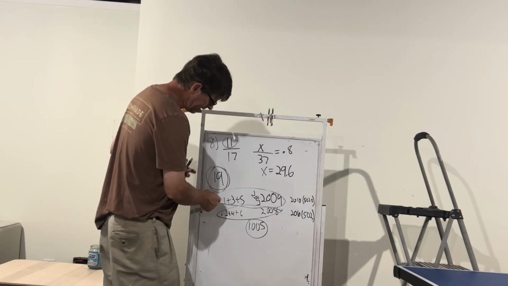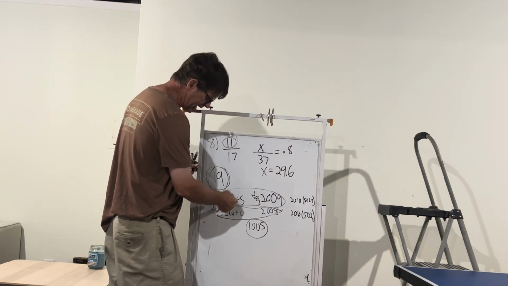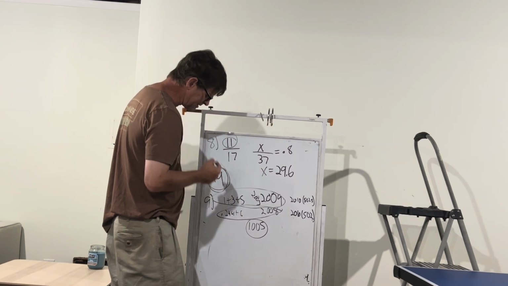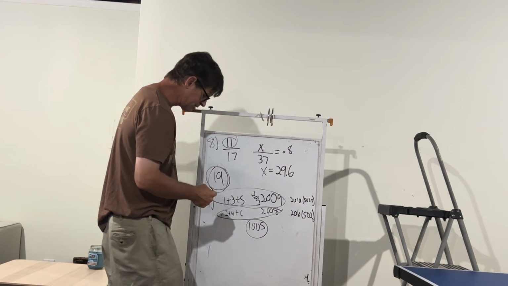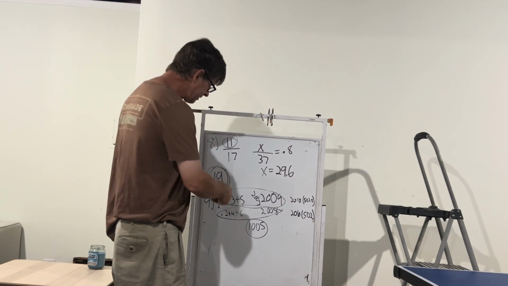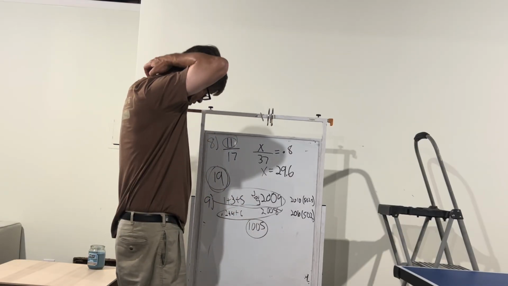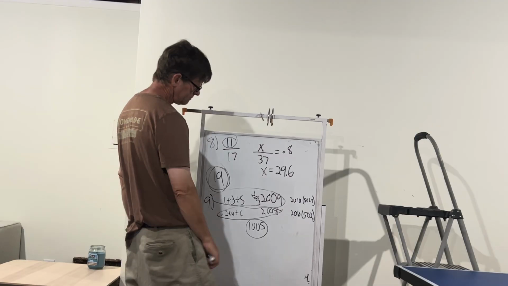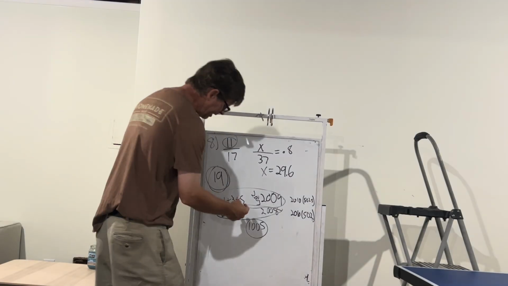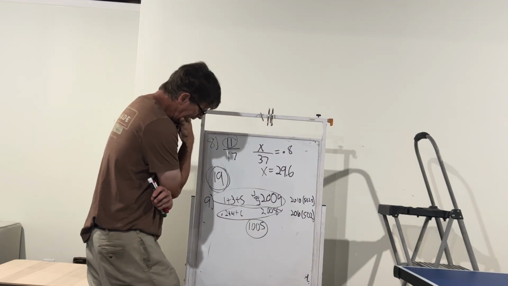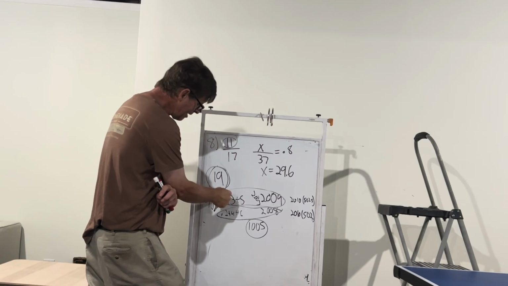Well, if 5 is the third number and you're counting by 2, how many numbers are there?